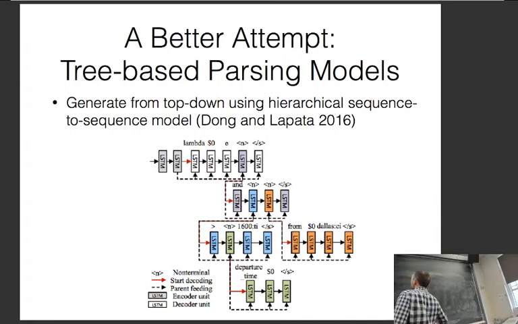That's a good question. So the output would basically be like, we have lambda $0 E, then we have a node, I guess. And this n is like an internal node.